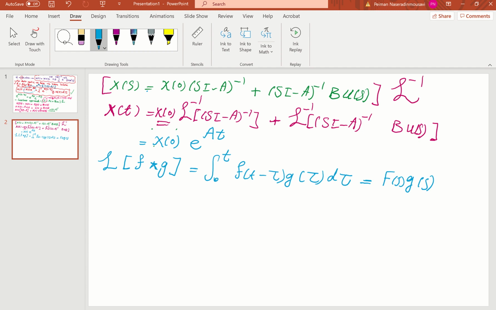Understand what I'm talking about? Exactly as we have here, you see that this is (sI minus A) inverse and this is U(s).